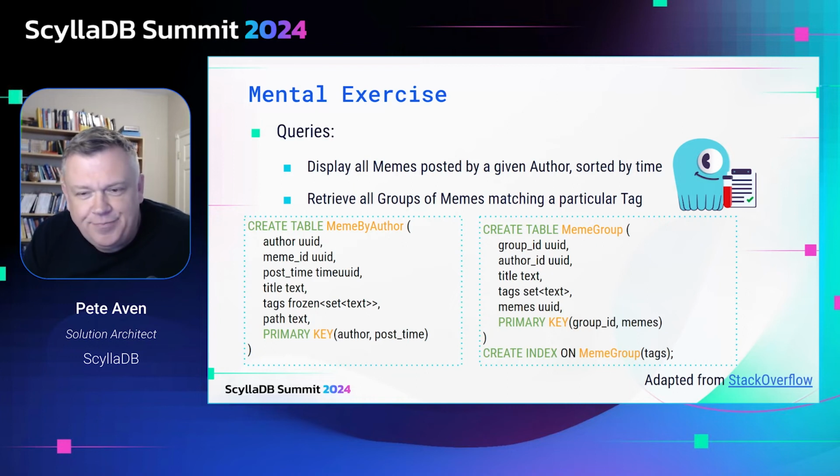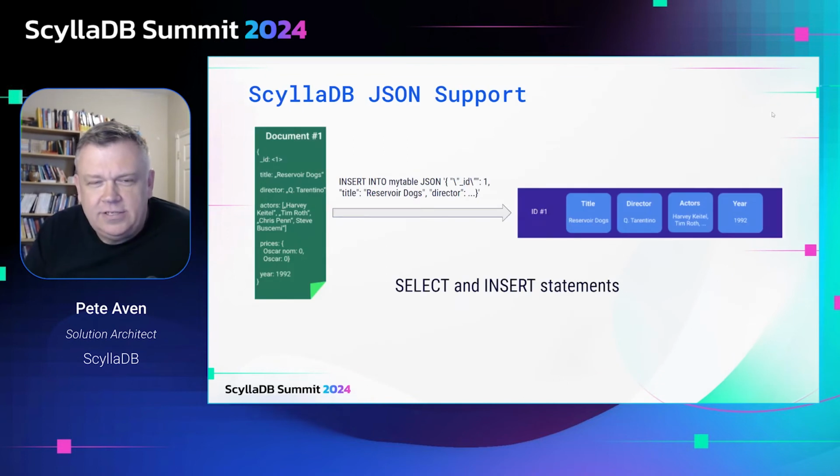Now, this is adapted from a Stack Overflow exercise, and so we've made the link available in the query. This is what you're going to see if you Google this and look all over the internet, but I'm going to tell you, in reality, the practicality can sometimes look a little different. ScyllaDB has JSON support, and certainly all the examples you're going to see start with taking a document and taking the attributes from that document and making them into columns, essentially turning it into a table with columns and rows in Cassandra or ScyllaDB, right?